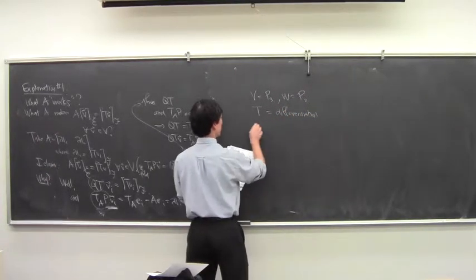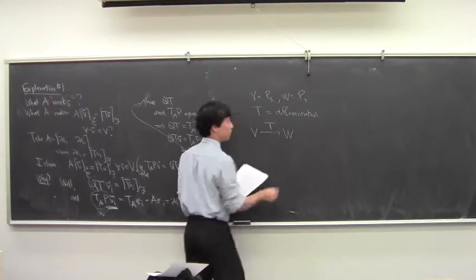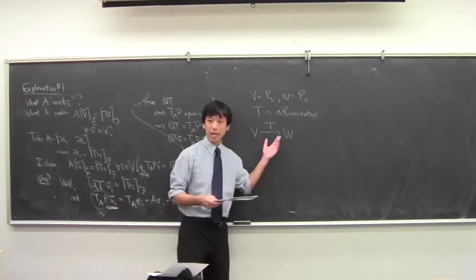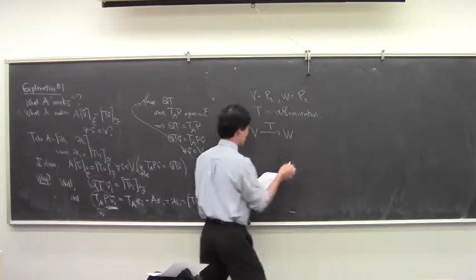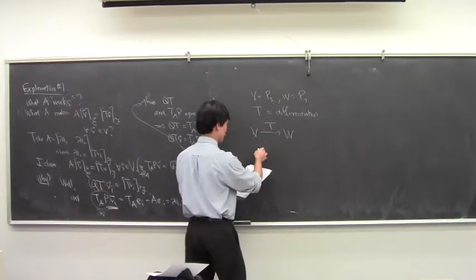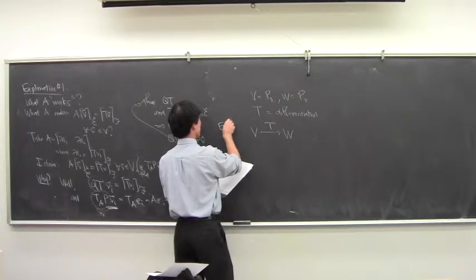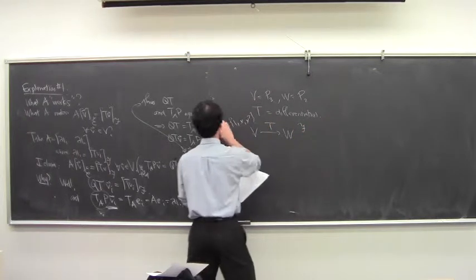So T goes from V to W. And we're trying to find a matrix that acts like differentiation. We want to find a matrix that represents the behavior of differentiation. Okay? And somebody gives you some sort of obvious bases. 1, x, x squared is your first basis.